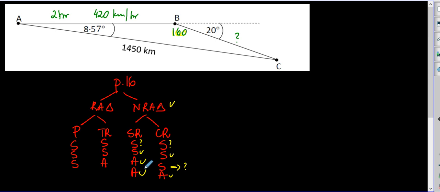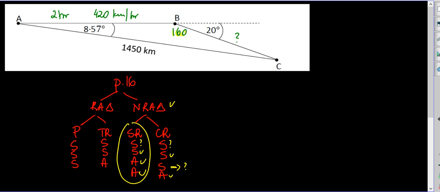So actually, yes, we do have another angle. And yes, here we could consider the cosine rule, but I'm thinking, well, with the sine rule, we kind of have everything, hopefully, that we need.